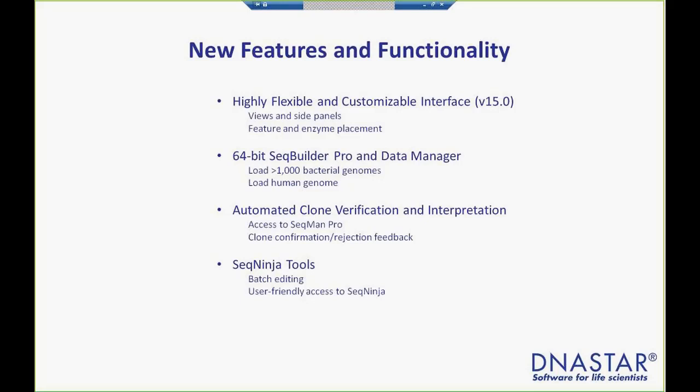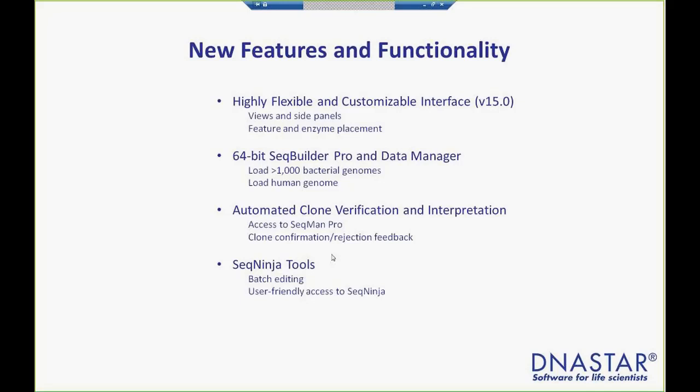What we're going to focus on today are these last two bullet points, and that's the automated clone verification and an interpretation that we provide. And the way that this works is that we'll make clones or import clone sequences, and then also bring in ABI files, trace data, that we would use to verify the integrity of that clone.